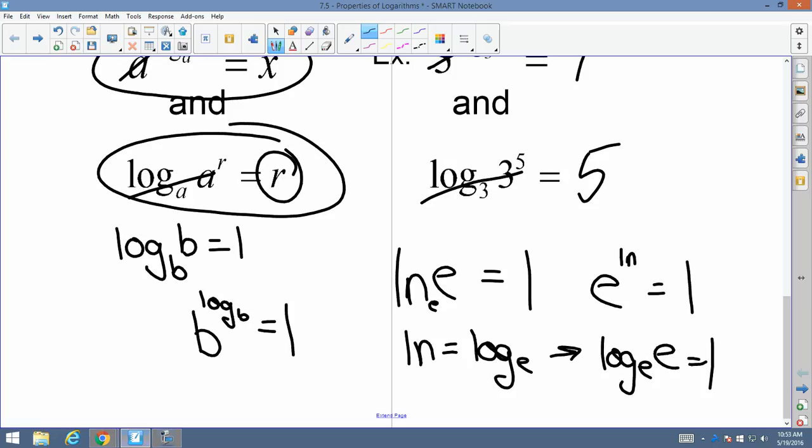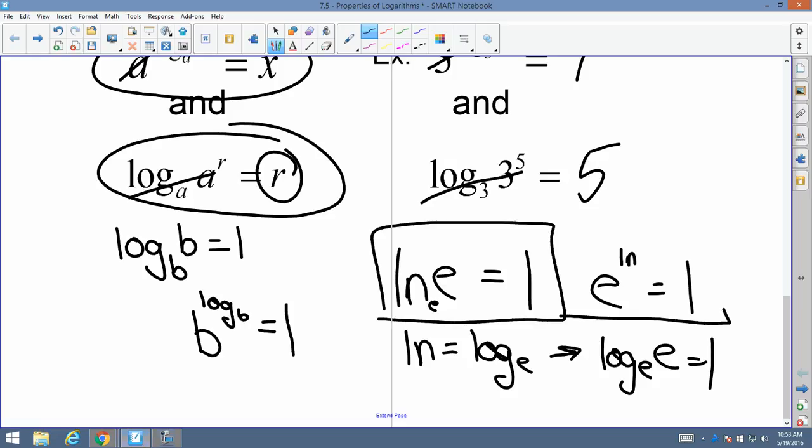But since log to the base e is ln, ln of e is 1, and e to the ln is also 1. They will cancel. Everything we've done with logs, I swear, is the same with ln, okay, my brothers? Except the base of ln is e. Does that make sense? Yes, sir, my brother.